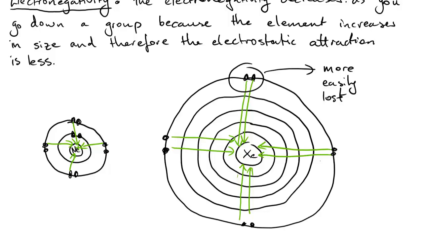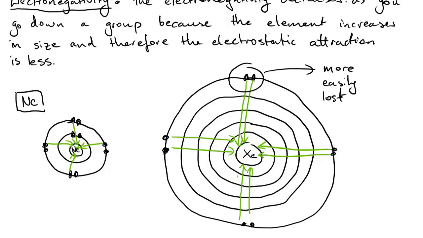Remember that electronegativity for neon is going to be very high. Well, you can't even speak about electronegativity in this situation because there is neither a desire to pull electrons towards it, nor a desire to lose electrons.